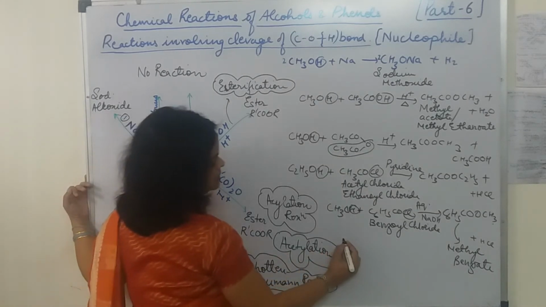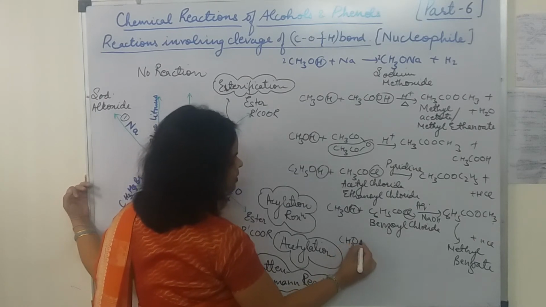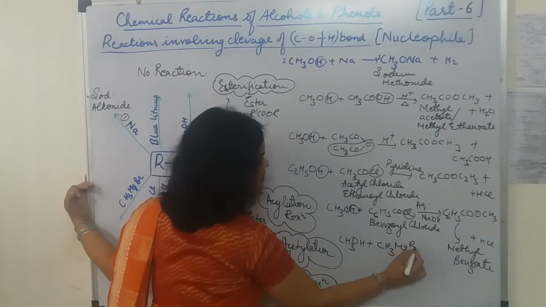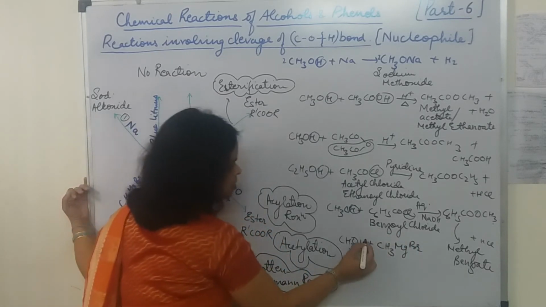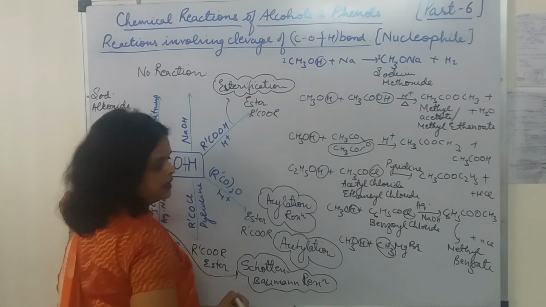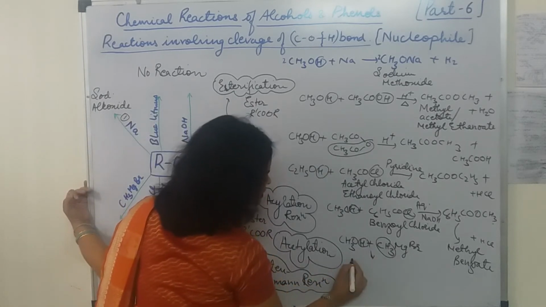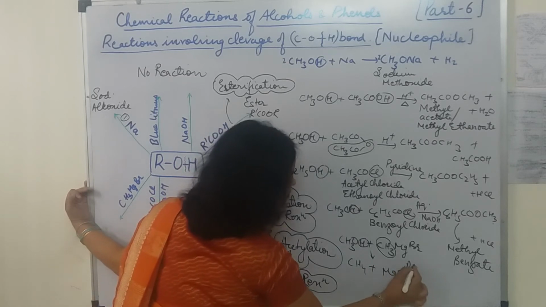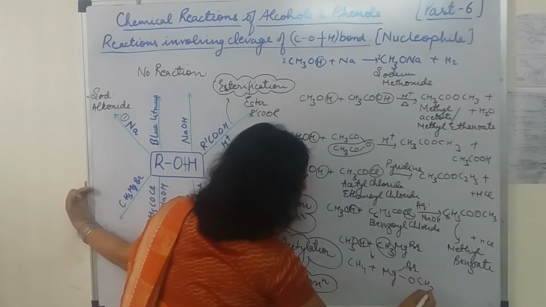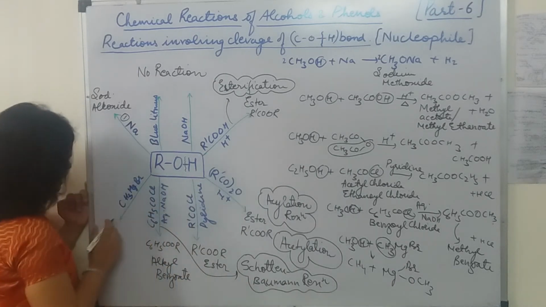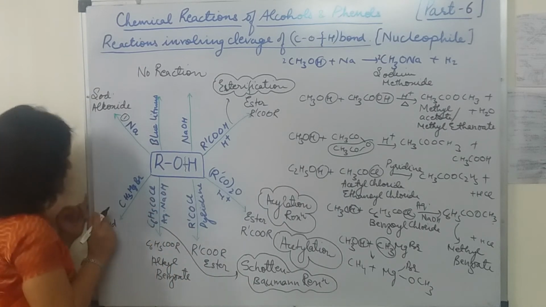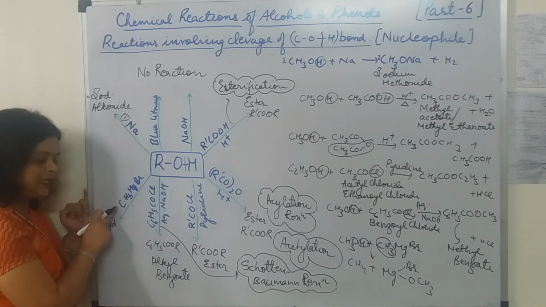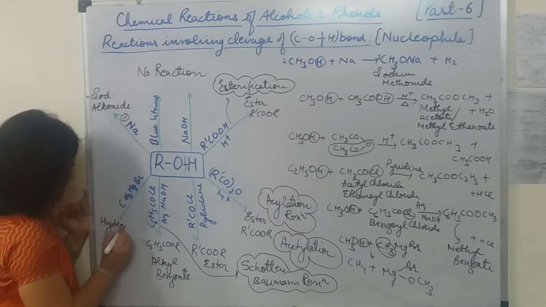So here suppose I am taking CH3OH, and when it combines with CH3MgBr, this H will combine with CH3 part and you will get the product CH4 along with a side product MgBrOCH3. So here students, we see that we get hydrocarbon, and that hydrocarbon will depend on the number of carbons present in the Grignard reagent.